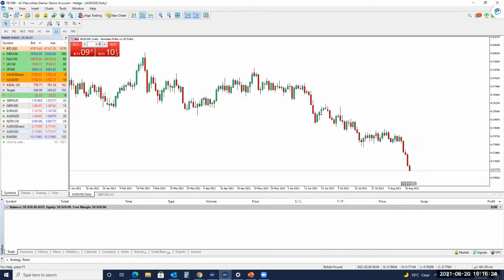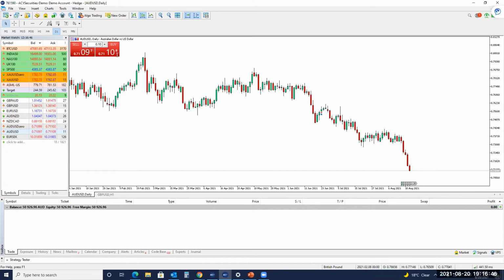From 71.10 to 71.11, that would be $1 profit. Or if it was from 71.10 down to 71.09, that would result in a $1 loss. One standard lot is equivalent to 100,000, and this would be equivalent to $10 per pip, up or down.